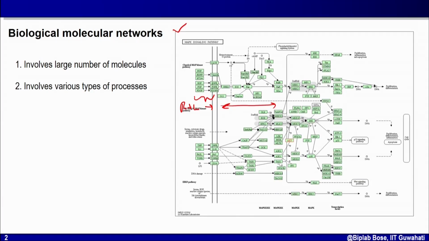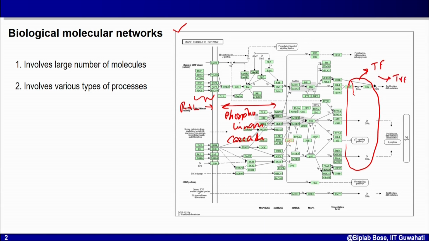So you have a cascade of events happening. So this is a phosphokinase cascade, if I say it simply. Then in this part, they are showing how transcription factors are working so that transcription is happening, followed by translation.